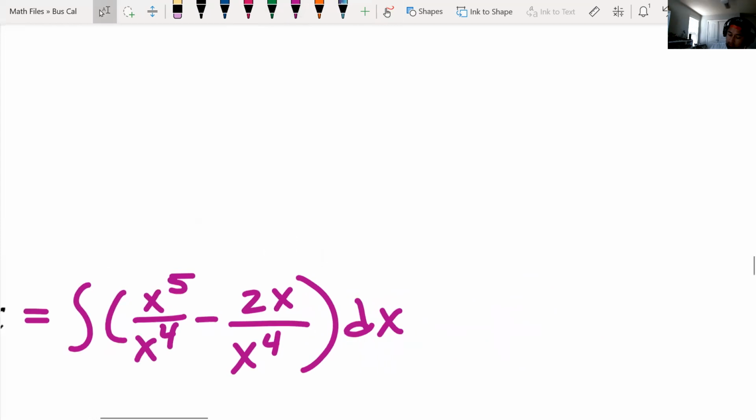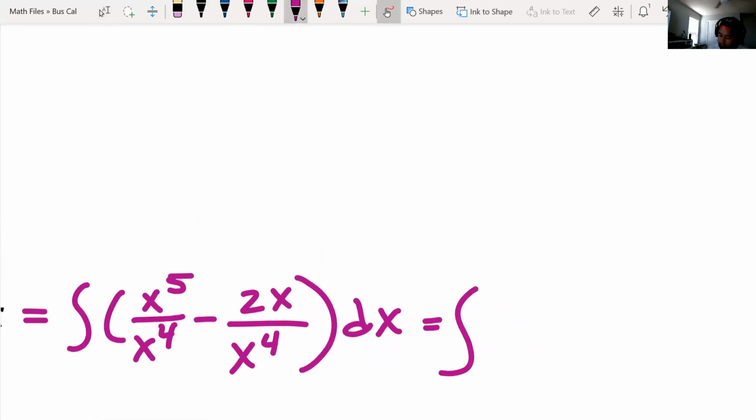And now we reduce. The integral of, and x to the 5th over x to the 4th is just x, minus 2x over x to the 4th becomes 2 over x cubed.